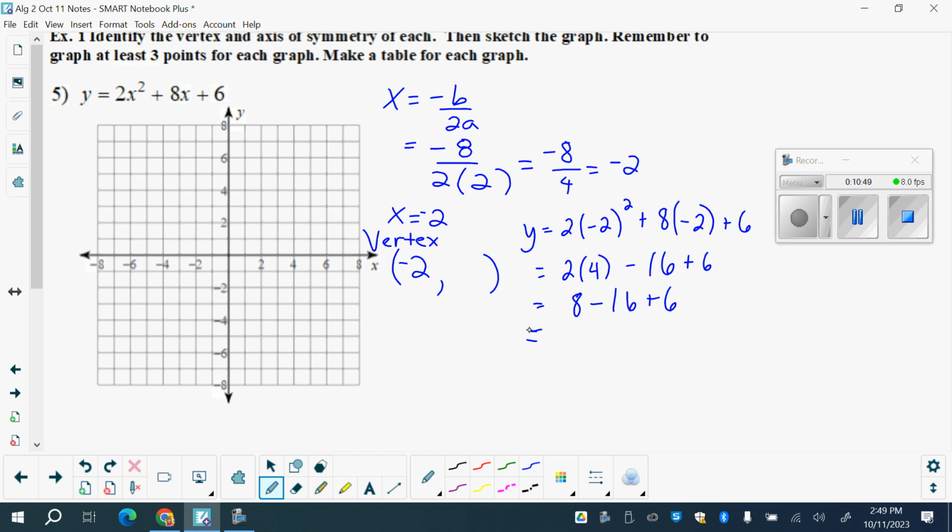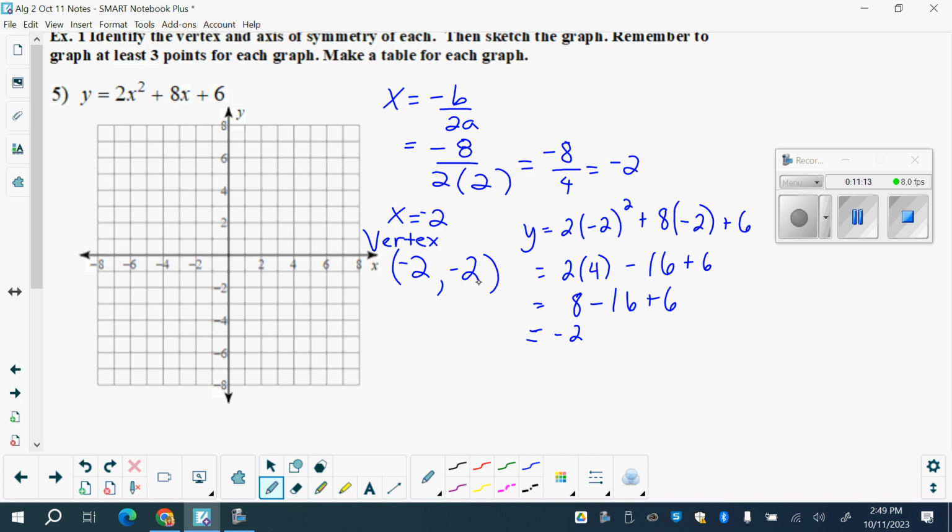I know the answer, but I need you to compute it. So 8 plus 6 is 14, minus the 16 from that. Negative 2. So it's negative 2. Just so happens the x and the y are the same.